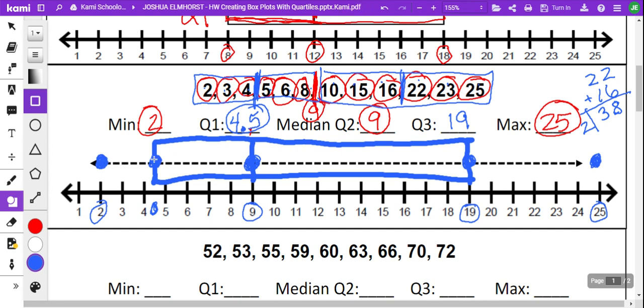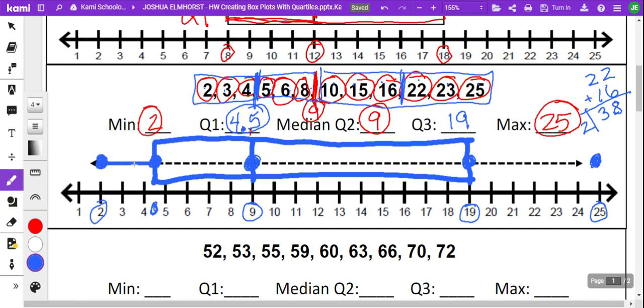And on the left side, from the lower quartile out to the minimum, we're just going to put a straight line.